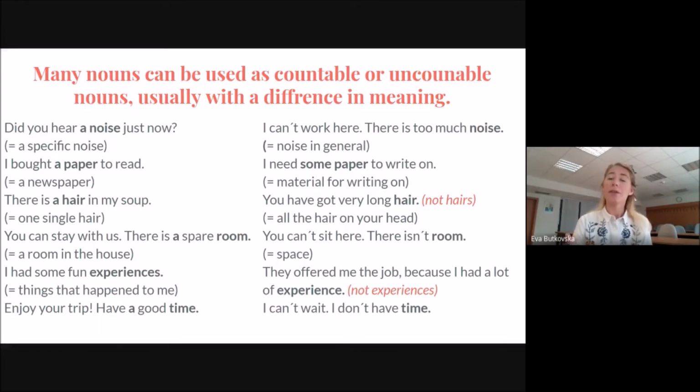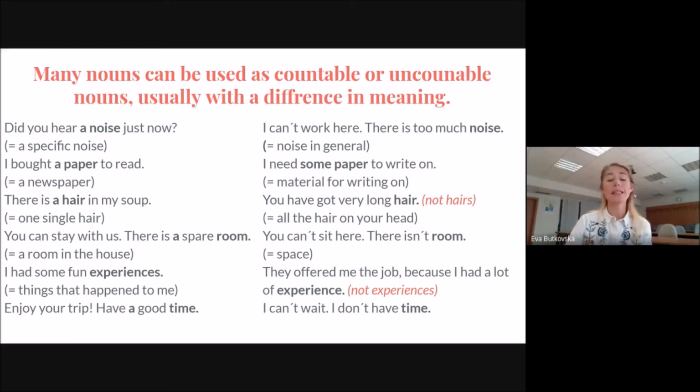And if you think about it, we cannot really count the space or count the room if we are thinking about room as a space. So really understand the difference between a room and room, as countable and uncountable. There is a difference in meaning.